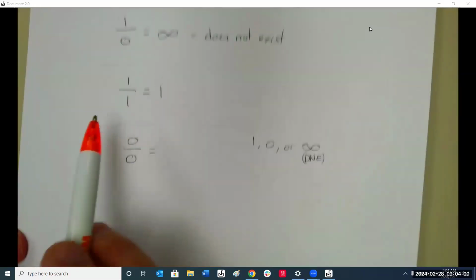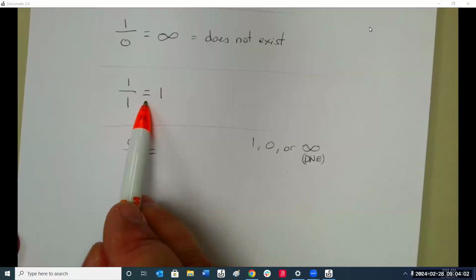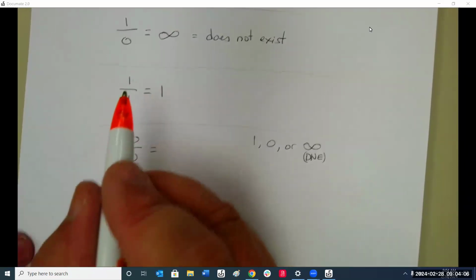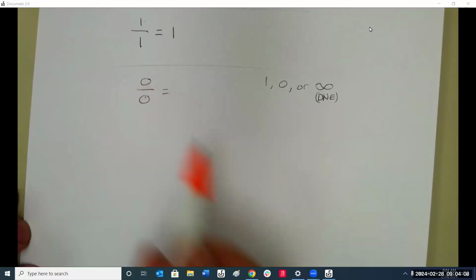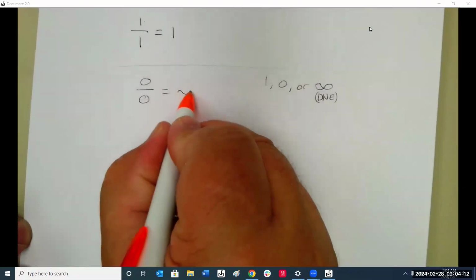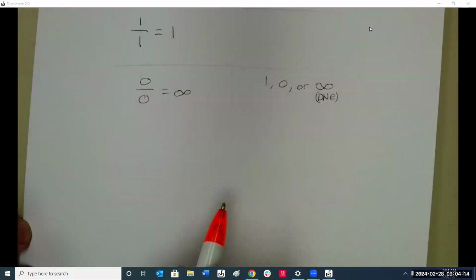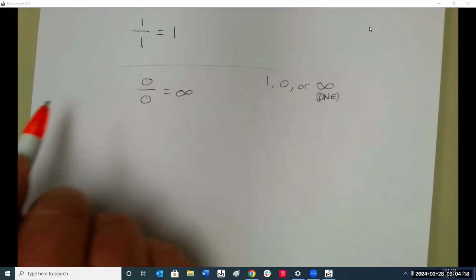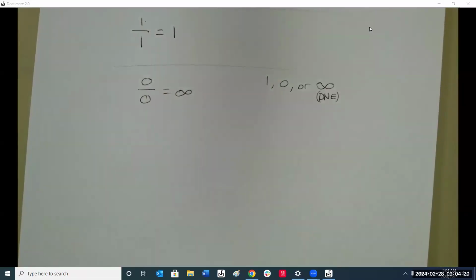Well, here we said anything over itself is 1 because 1 goes into 1 time. How many times does 0 go into 0? Remember, I could put nothing inside nothing a whole bunch of ways. So this is where it's difficult because you're violating some of the rules I just stated.